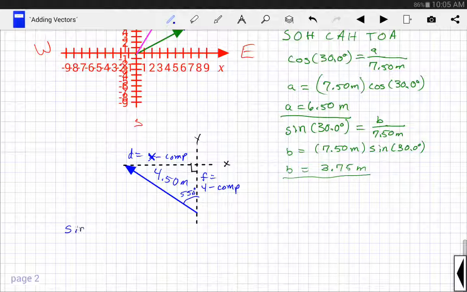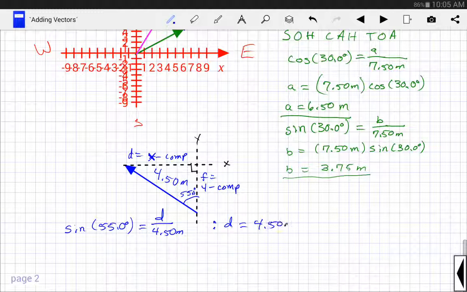So sine of 55 degrees is equal to my opposite side d over my hypotenuse of 4.50 meters. Solve that for d, and I get d is equal to 4.50 meters times sine of 55.0 degrees.